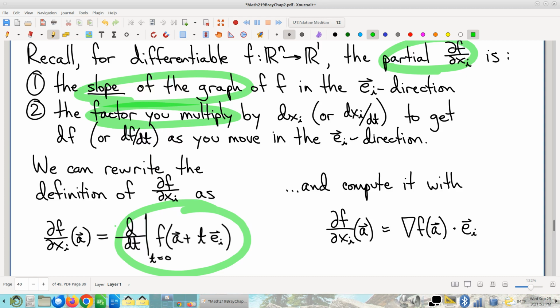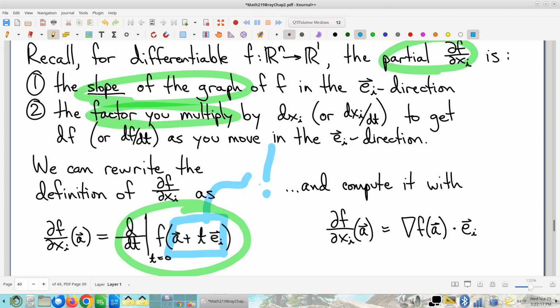If you look at what's on the inside here, this is a nice exercise to work out. What's on the inside there in blue is just a fancy way of saying I want most of the input coordinates to remain constant, because e_i is full of a bunch of zeros. Only one of those input variables is actually changing.